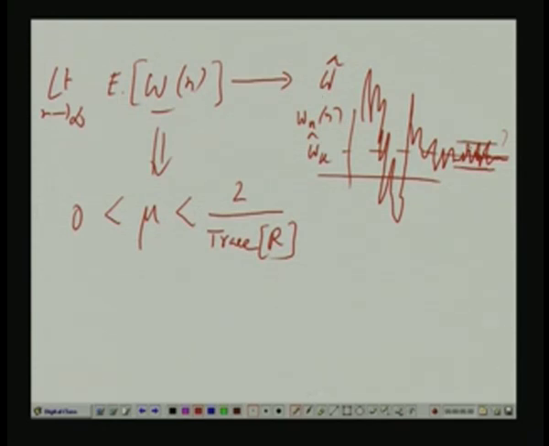Now, this misadjustment, or we sometimes call it excess mean square error, because even with the optimal weights, epsilon has some value. It is minimum, I agree, but some value.